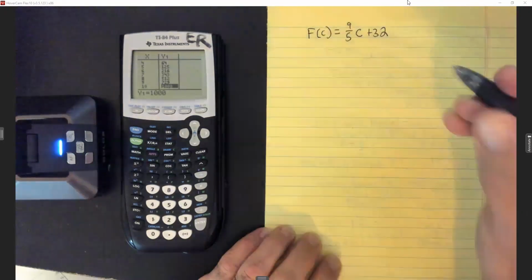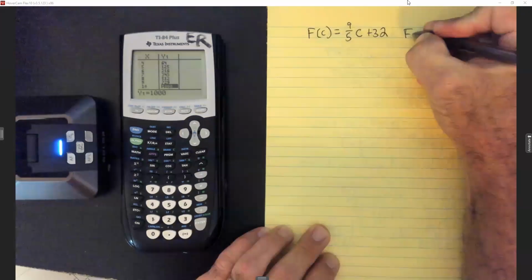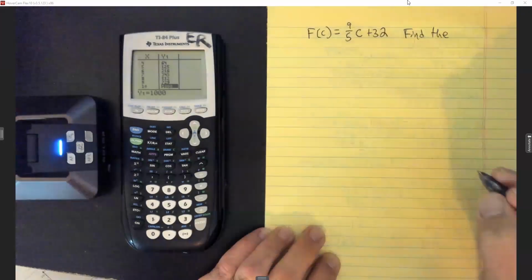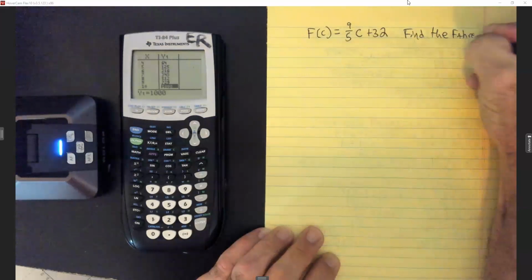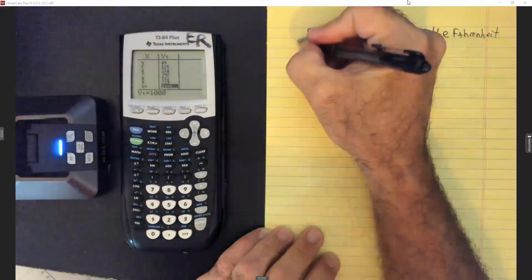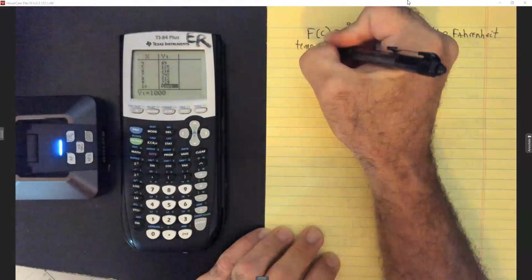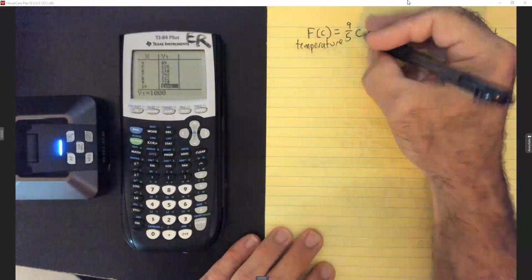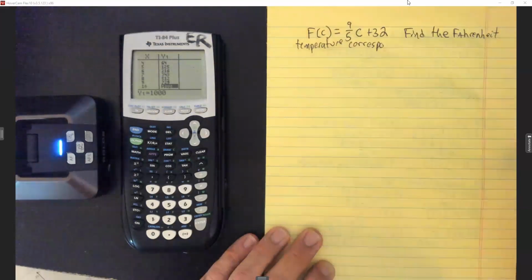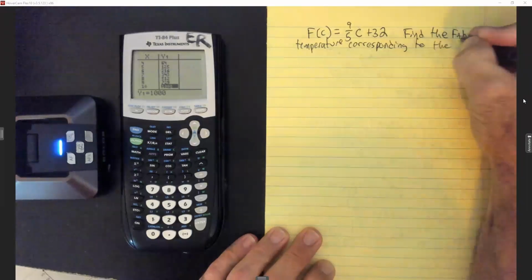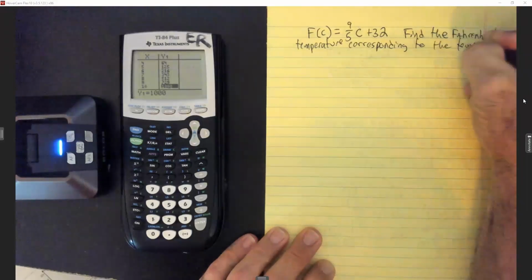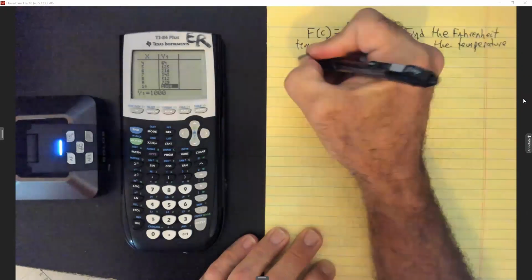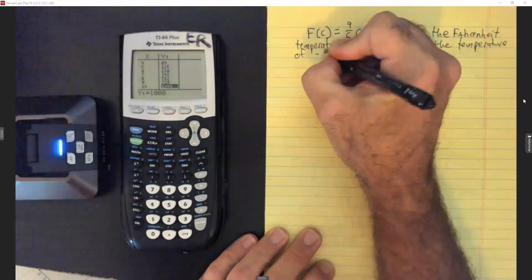So what they want us to do is find the Fahrenheit temperature corresponding to the temperature of -5 degrees Celsius.